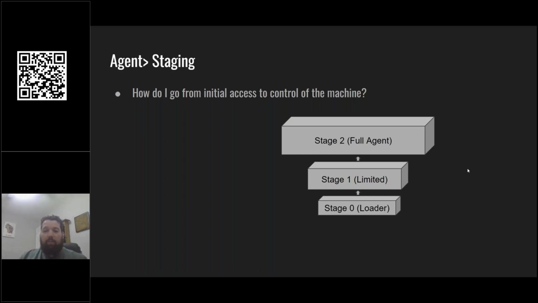If you know that your full agent isn't capable of withstanding whatever security product is on that machine, then you don't have to deploy it, and you shouldn't deploy it. You can also use these different stages to have different modes of C2 to differentiate your operations, so that if, say, your stage 1 gets caught, but your stage 2 is doing completely different things, then you don't have to worry about burning everything all in one go.